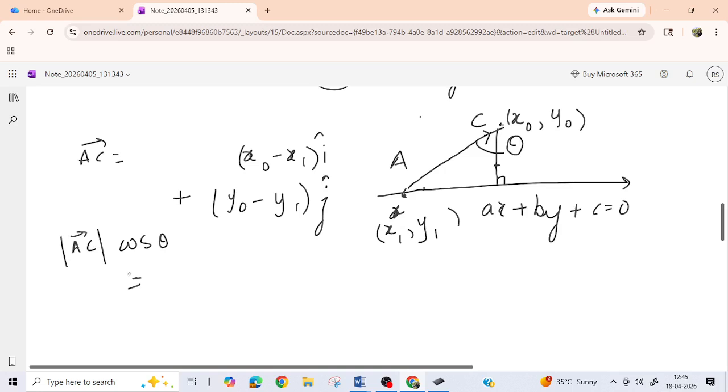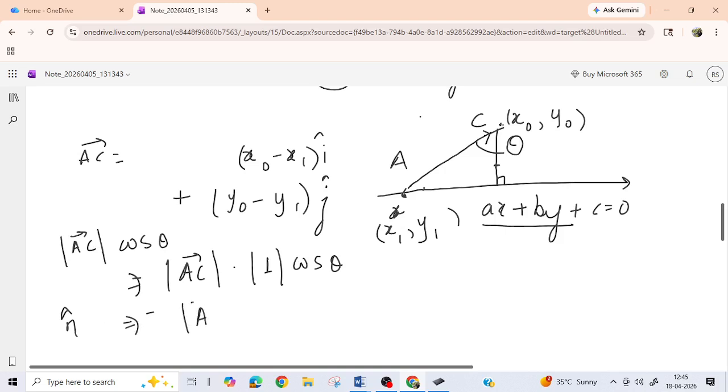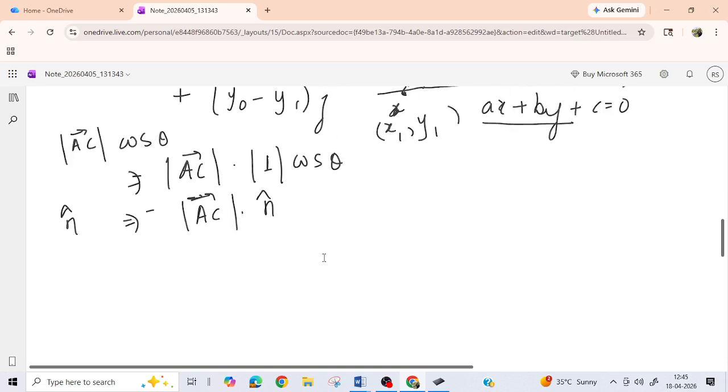The other way of doing that is to write AC, the magnitude of this, into 1 into cos theta. The interesting thing is, if we know the unit vector perpendicular to this specific line, let's call it n, then we could write AC dot n cap, where n cap is a unit vector.